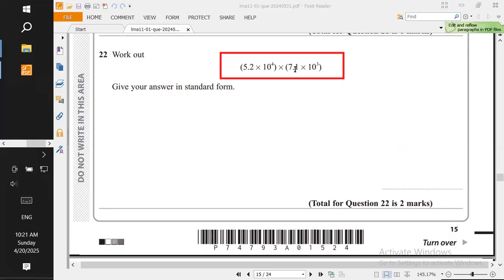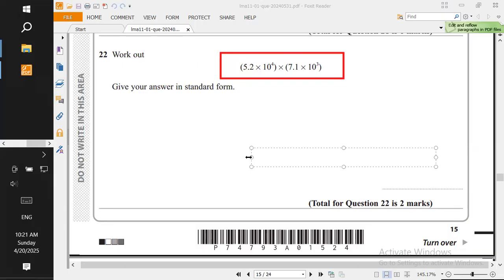When you multiply these, this will give you what? Yes, you can do it in the calculator. I'll write it here. You can use all the steps with brackets. So 5.2 inside a bracket times 10 power of 4, close bracket.